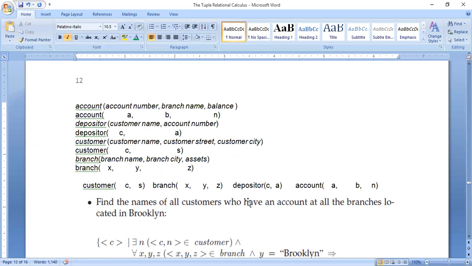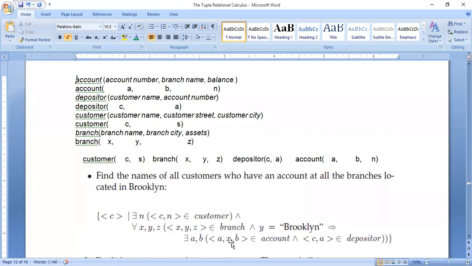Then we have customers who have an account. If the customer has an account, then the account information will come from the account relation, where the account number is the same. So this attribute will be sufficient for joining these two tables. Now the condition is that the branch should be Brooklyn. So the branch name is there, and the branch name is Brooklyn.